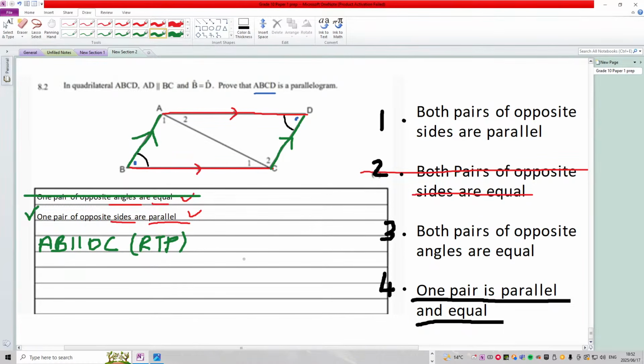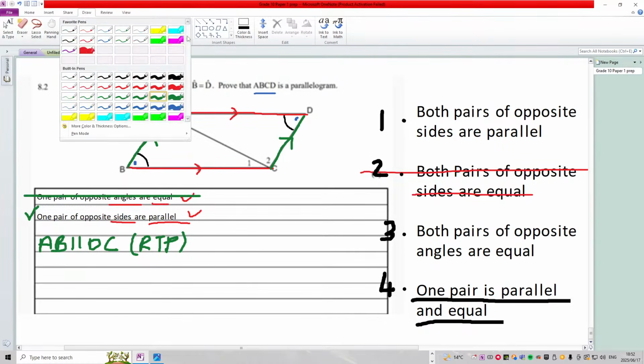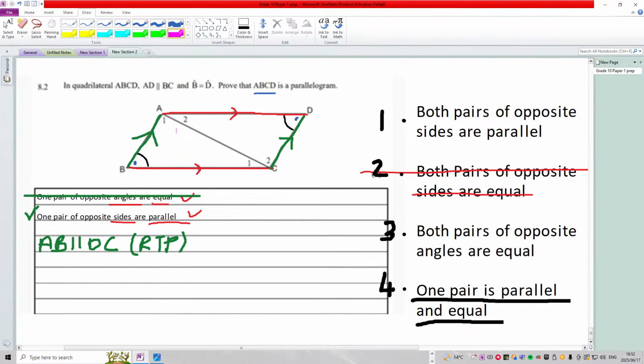So I need to prove. How am I going to prove that? That's the big question. Let us look at this. If I look at this angle here, A1, and that angle C2, now this is the converse of alternating angles.